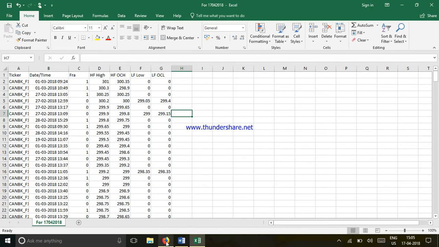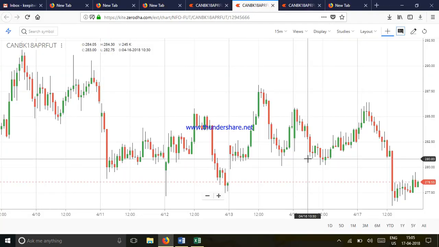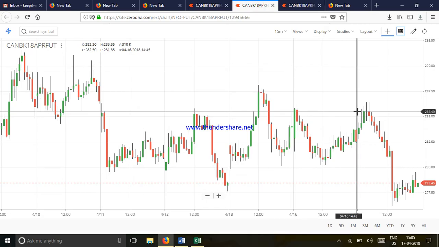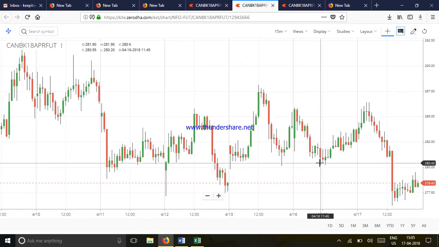Now the procedure of this theory works like this. First I open the 15 minutes chart. I take 15 minutes and not any other time frame, so that we arrive at the optimum number of fractals, not too small ones or too big ones.